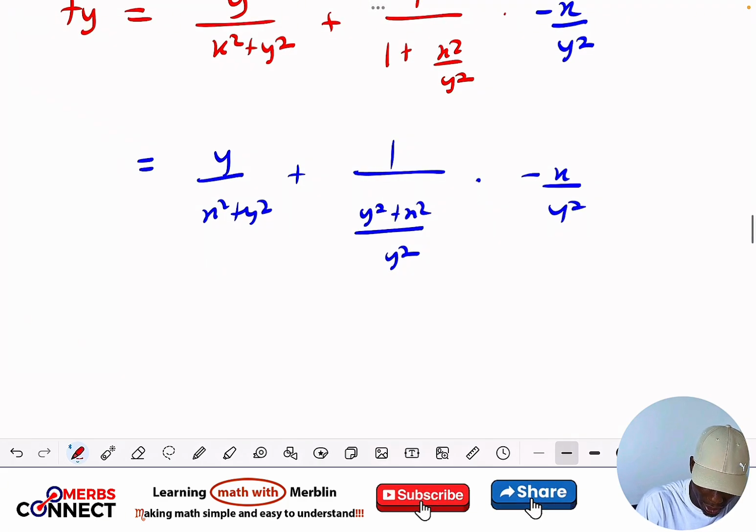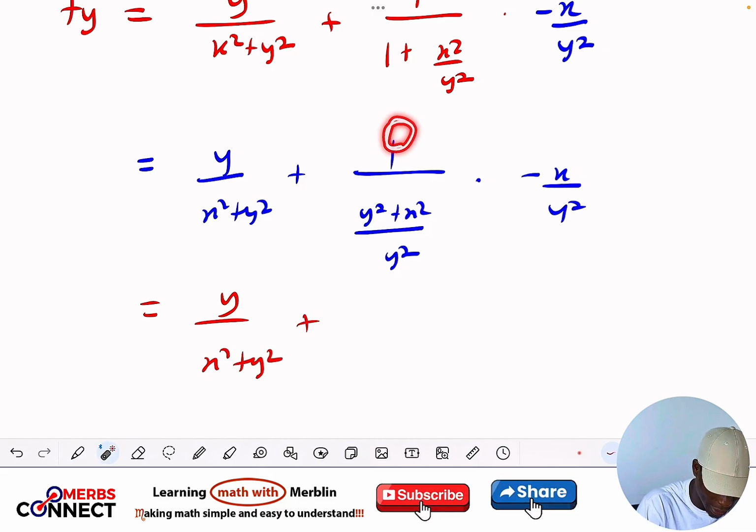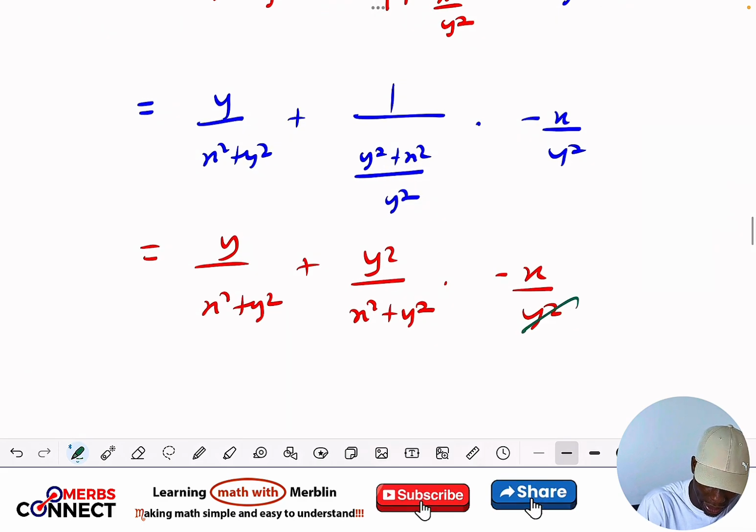Good. Now this is the same as y divided by x squared plus y squared plus, now because 1 divided by the, I can reciprocate it and have y squared divided by x squared plus y squared. Addition is commutative, so I can bring the x before the y. Then I'll multiply it by minus x divided by y squared. And now this guy will cancel this guy.